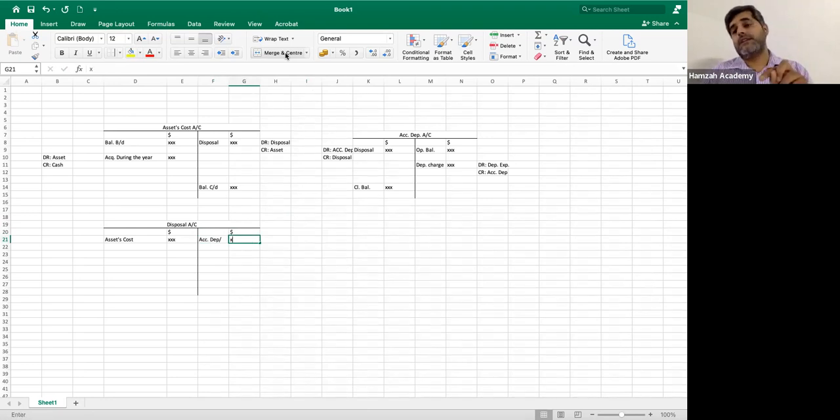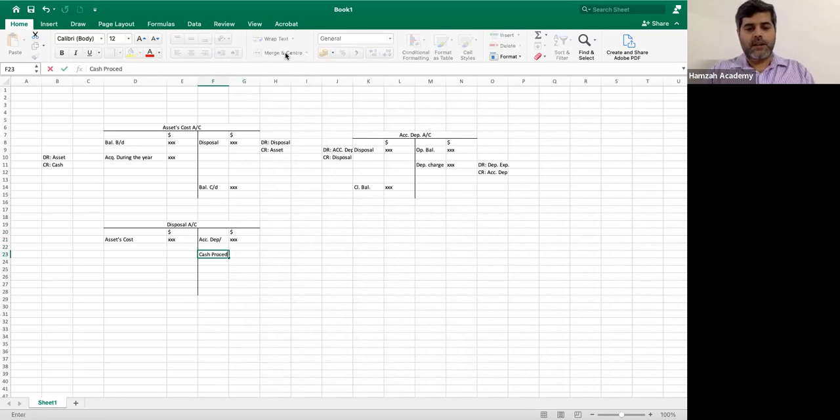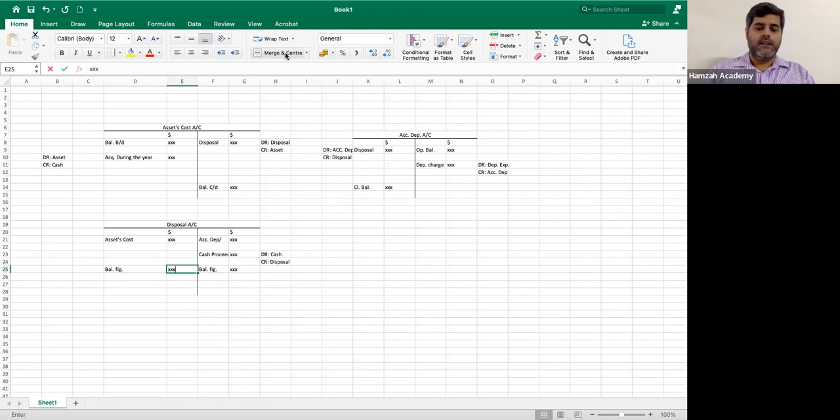And this is the cost and the accumulated depreciation of the asset which we have just disposed of. Over here, we are going to have the cash proceeds. The double entry for this is debit cash, and credit disposal. Then we might have a balancing figure here.